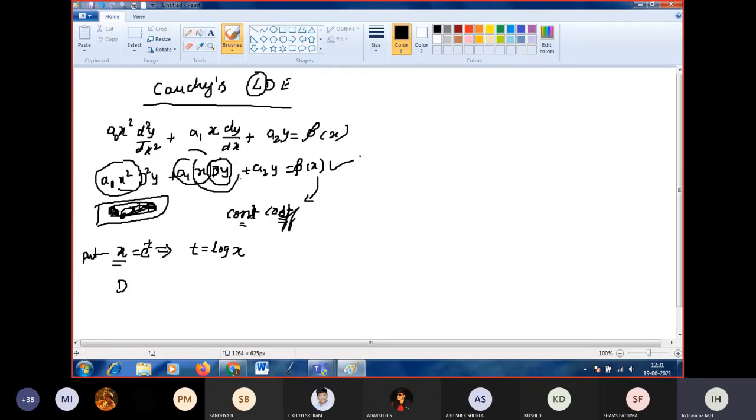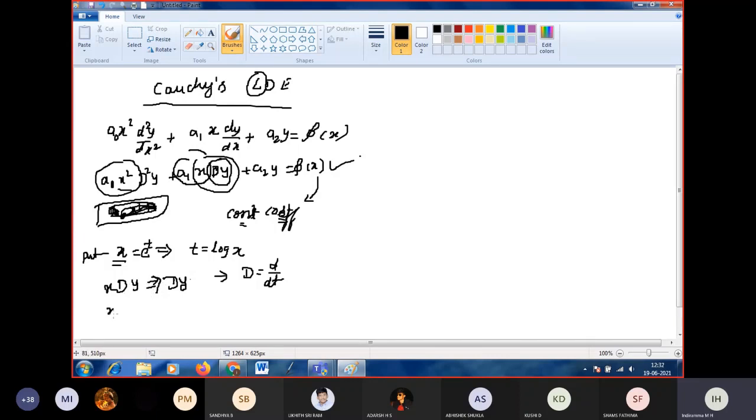Including this, x into dy will take the value Dy. I will tell you how. Capital D stands for d by dt. So here x into dy will reduce to Dy.